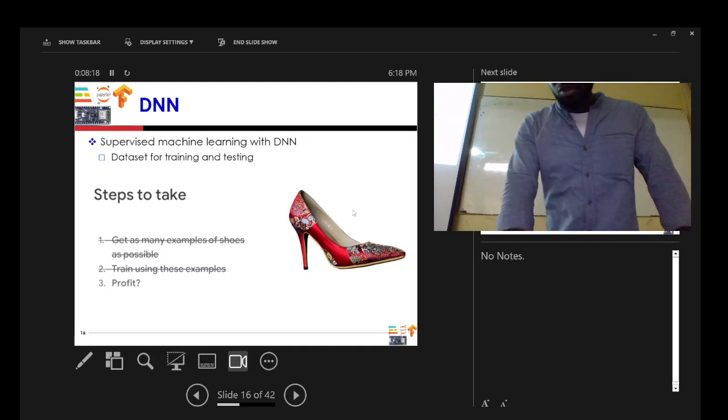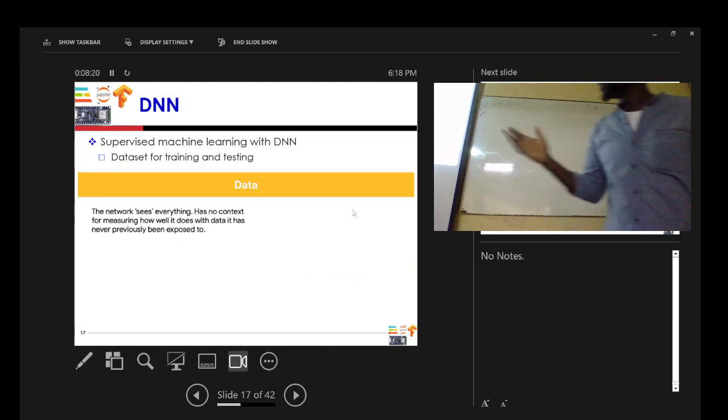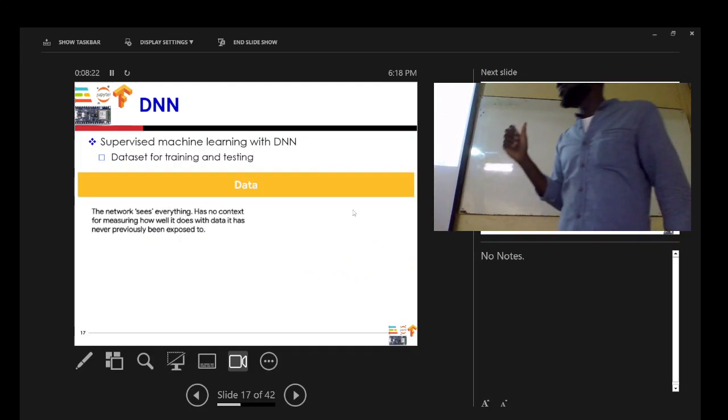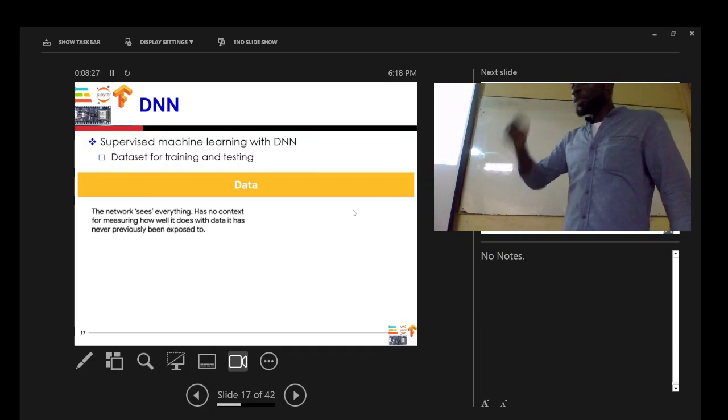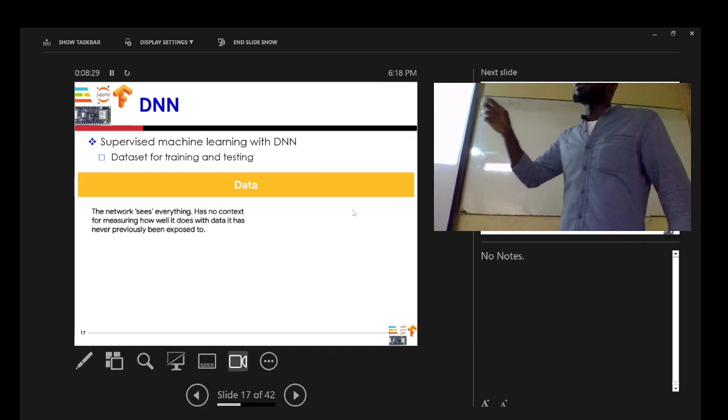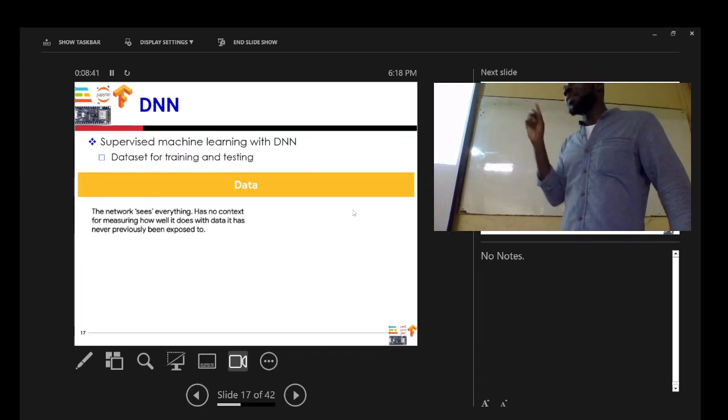Understood? So when you are training, you are using those kinds of images to train it, and the network learns them very well. It learns it so much so that you can get an accuracy of 100%. But when you give it new data, you see that you have an issue.